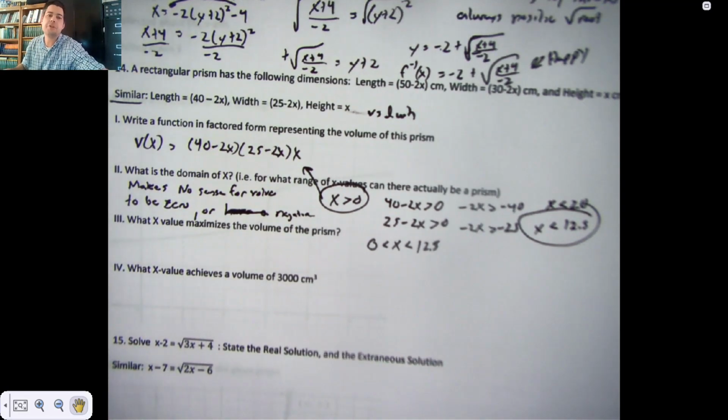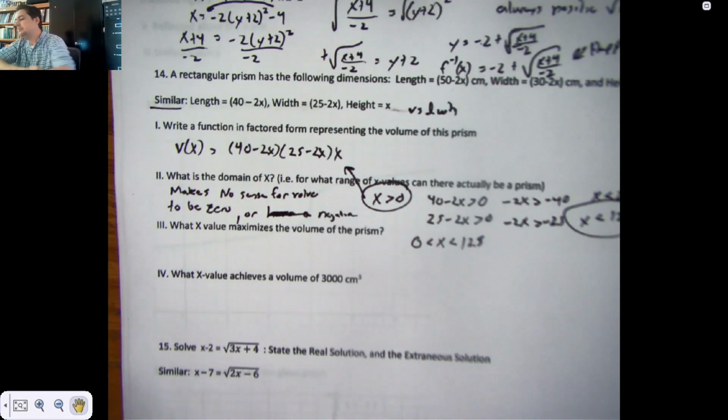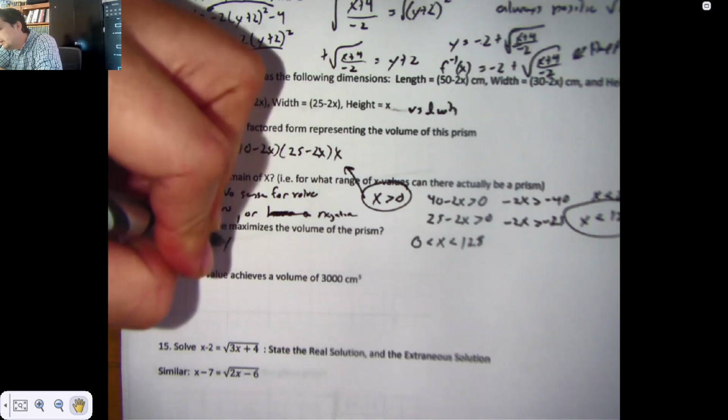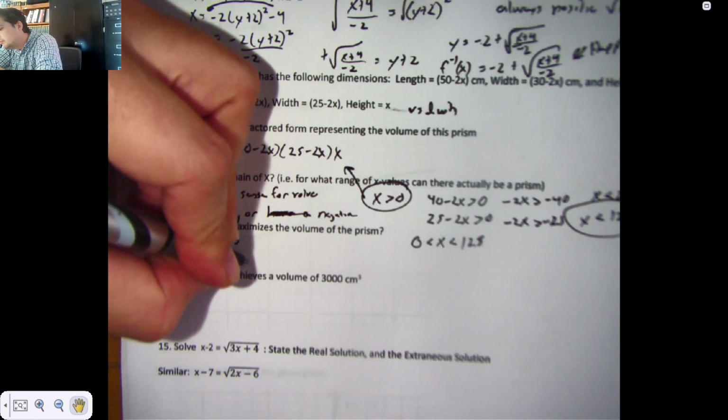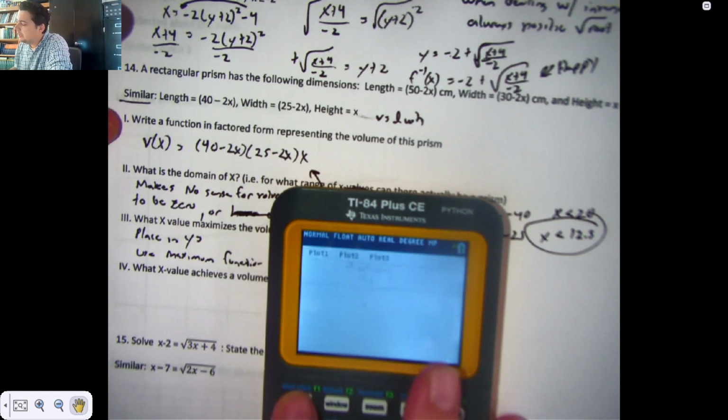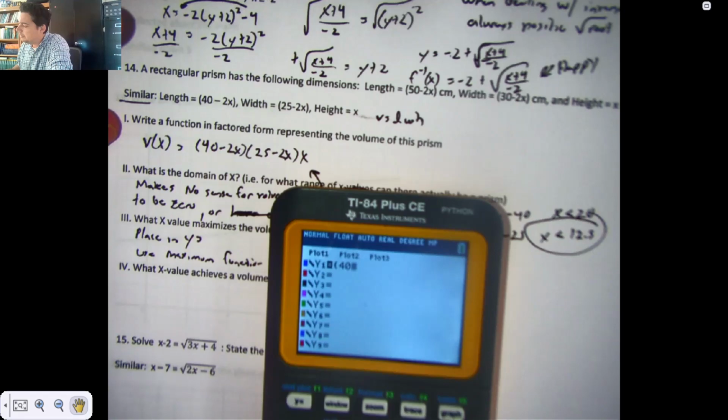Part 3 is a straight up calculator problem. You're going to place your equation in y equals, and you're going to use the maximum function. That's what you got to do. So the function I wrote was 40 minus 2x times 25 minus 2x times x.